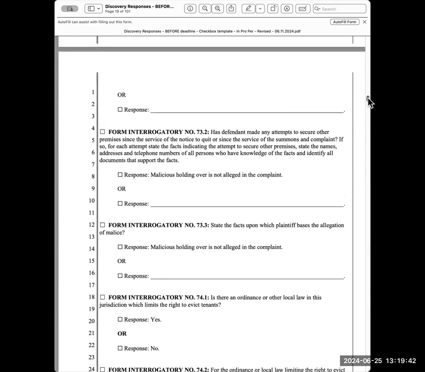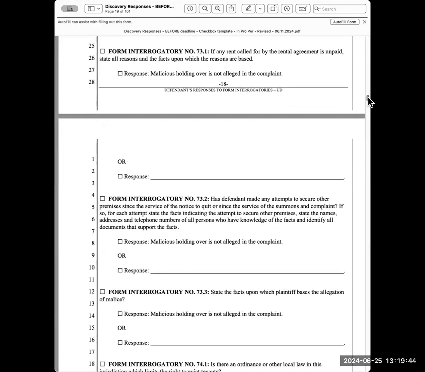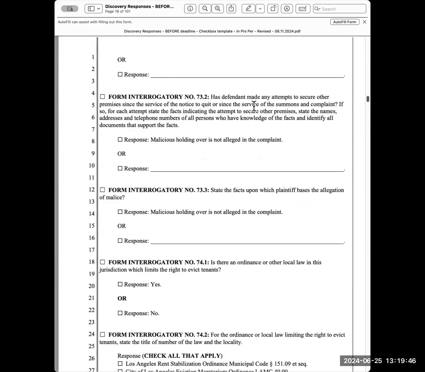73.2. Oh, did I read the... Oh, yes, that's about unpaid rent. Okay. 73.2. Has defendant made any attempts to secure other premises since the service of the notice to quit, or since the service of the summons and complaint? If so, for each attempt, state the facts indicating the attempts to secure other premises, state the names, addresses, and telephone numbers of all persons who have knowledge of the facts, and identify all documents that support those facts.